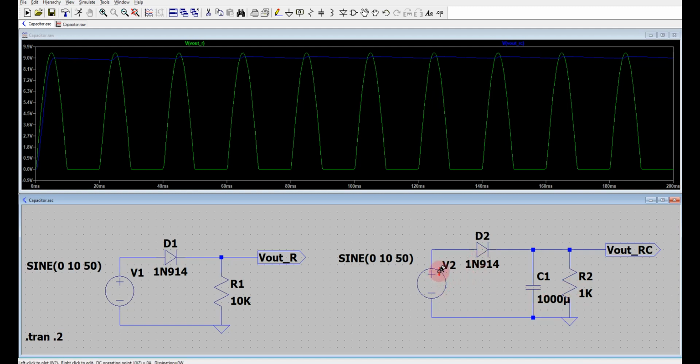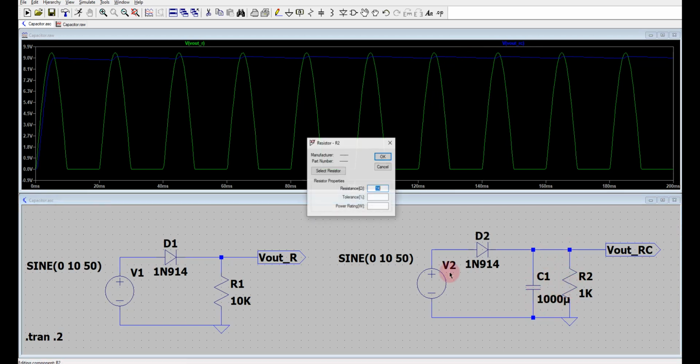During the positive cycle it's okay, the source is supplying and the capacitance is getting charged. But the capacitor has a limited charge, so the voltage will ultimately fall.